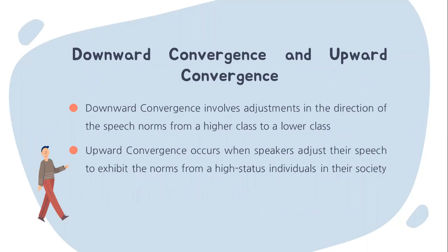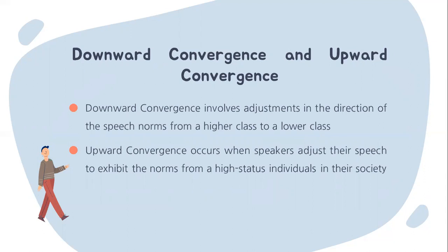Okay, next, downward convergence and upward convergence. Downward convergence involves adjustment in the direction of the speech norms from a higher class to a lower class. While upward convergence occurs when speakers adjust their speech to exhibit the norms of high status individuals in their society.